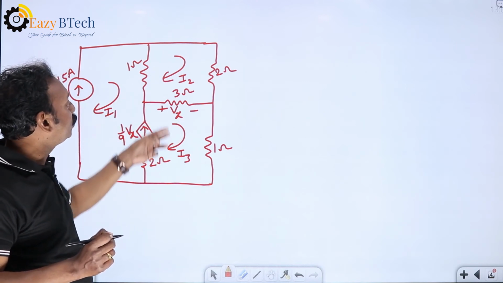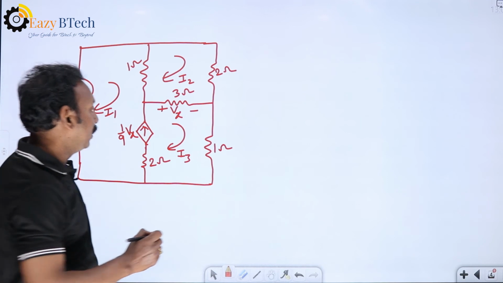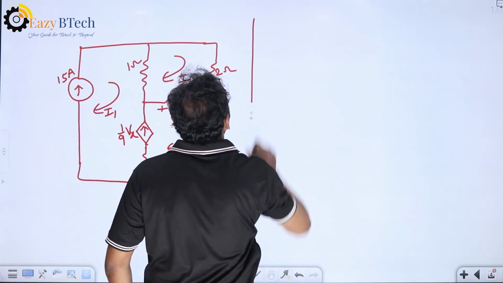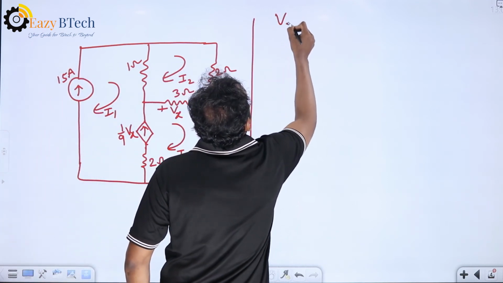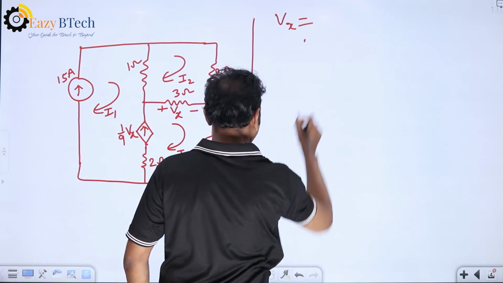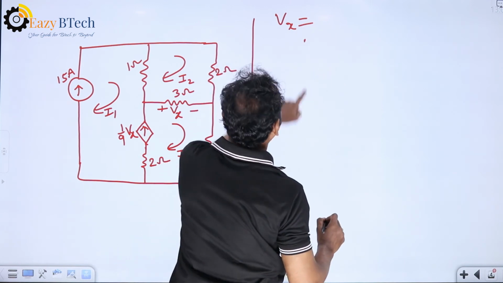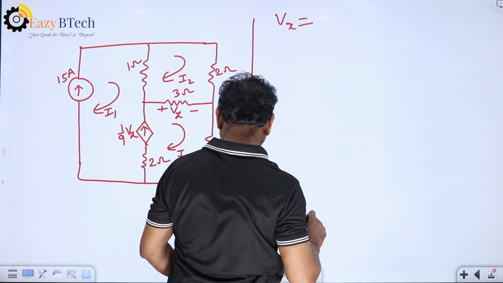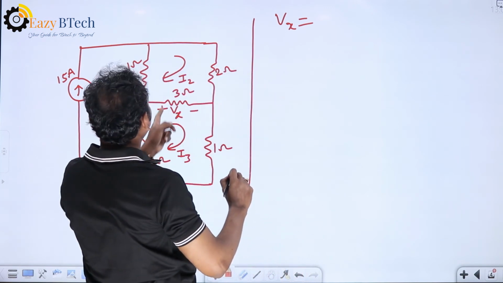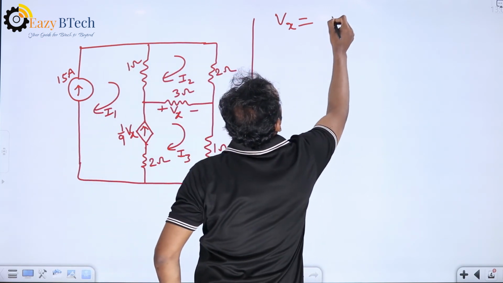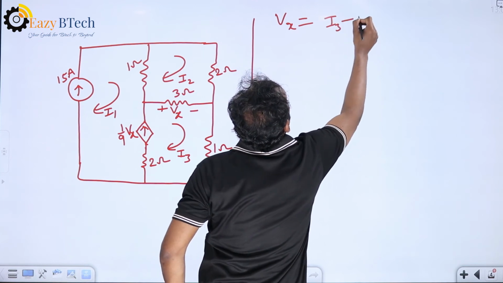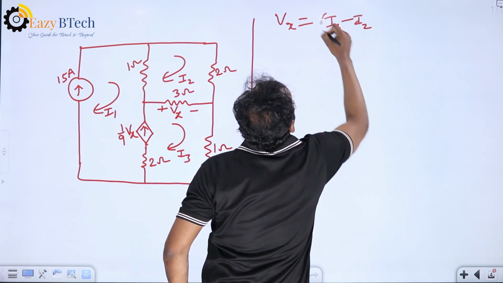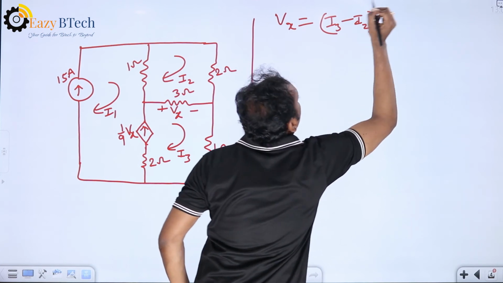Therefore, the difference between these two currents is the current through 3 ohms. So, how to write the Vx value? Vx equals the difference between these two currents, I3 minus I2, into 3.